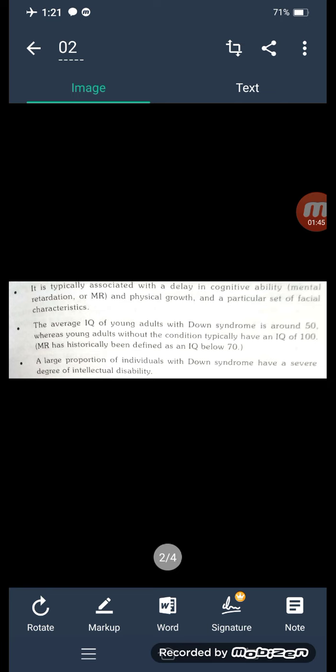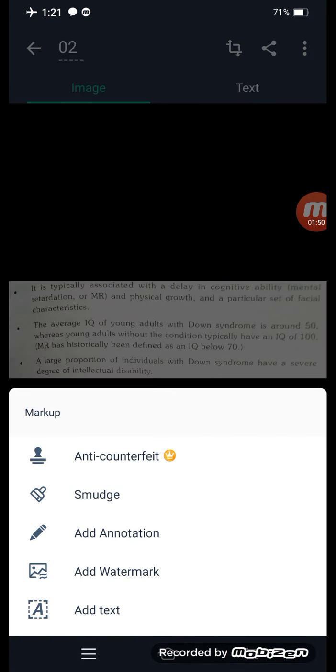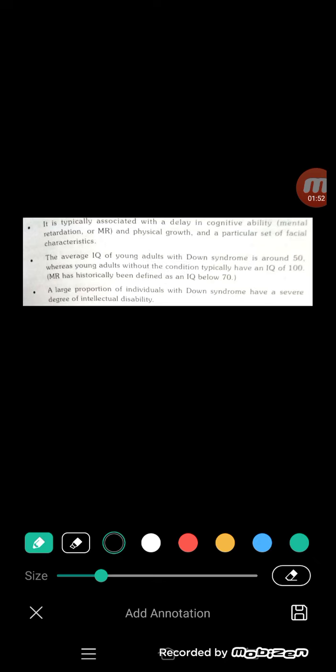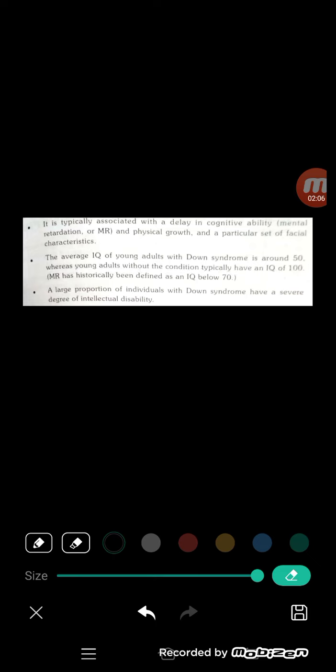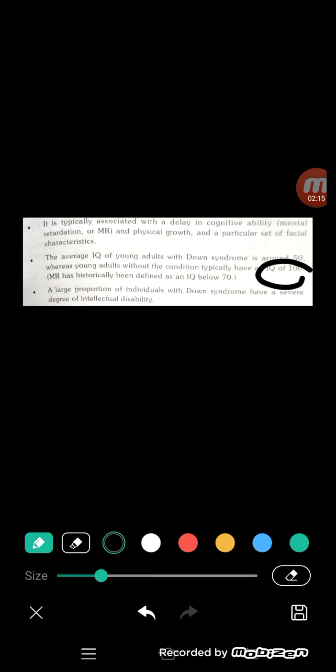So how to identify it? For example, the average IQ of a young adult with Down syndrome is around 50, whereas young adults without the condition typically have an IQ of 100.